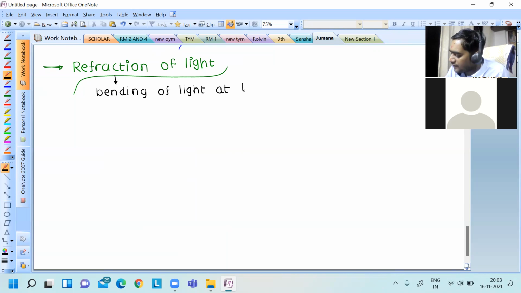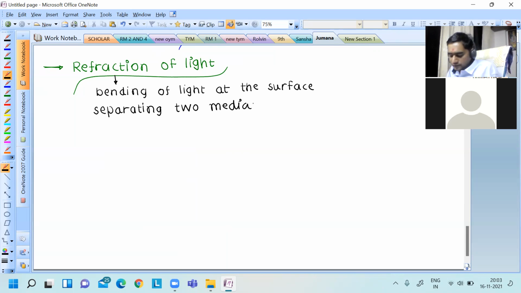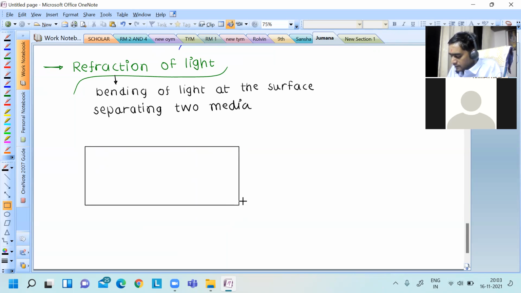More precisely, at the surface separating two media. So at the surface of our two media, let's say this is our one medium and this is our another medium.